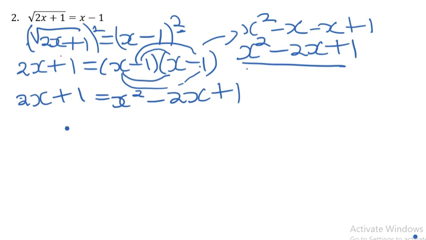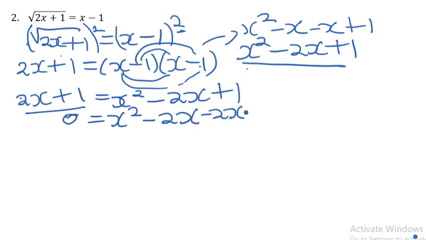In order for us to group them together, it's going to be fine if we take what we have here to the right hand side of the equation, so that on this side we are left with 0. We can just transpose. So we will have x squared minus 2x. This one, if you transpose it, you will also have minus 2x on that side, plus 1 that is already there.